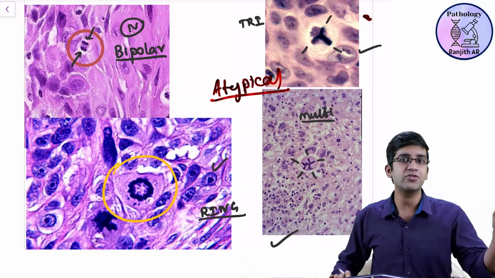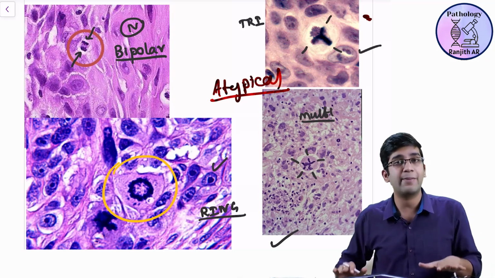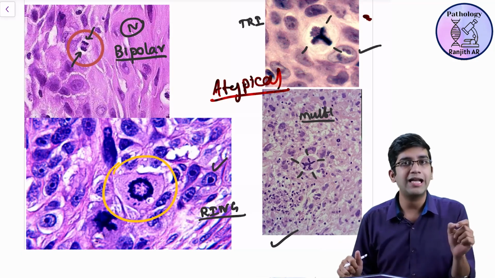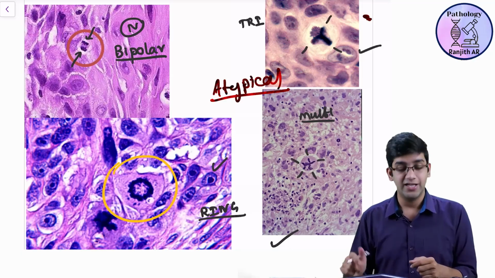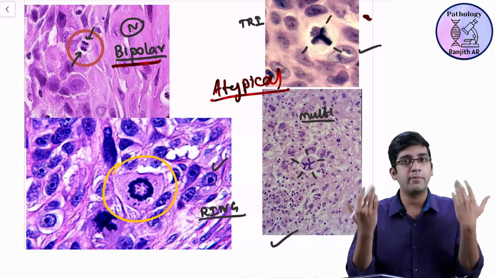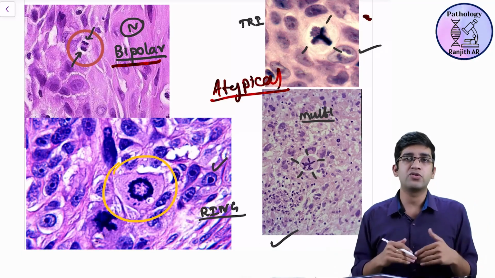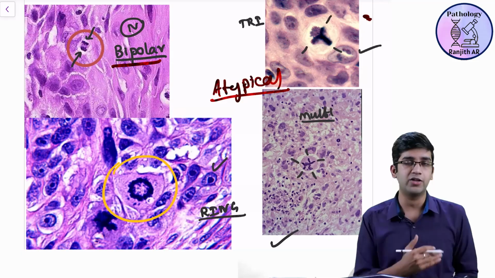Can a single cell give rise to 5 different cells? No. If it gives rise to 5 different cells, what will happen to this organ? Big tumor. Uncontrolled proliferation of cells, neoplasia. That's all. So when I have more bipolar mitosis, or any atypical mitosis, uncontrolled proliferation of cells will result in a cancer. That's why it's a microscopic finding for cancer.